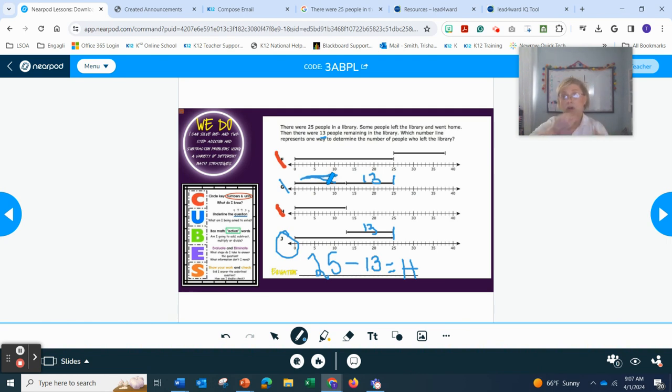And if we knew all of the answer pieces, or all of the number of people who went home, J would work, because we could add 12 plus 13, which would equal 25. But because we are missing that one missing piece, the number of people who went home, that is why G won't work, because we have to subtract.